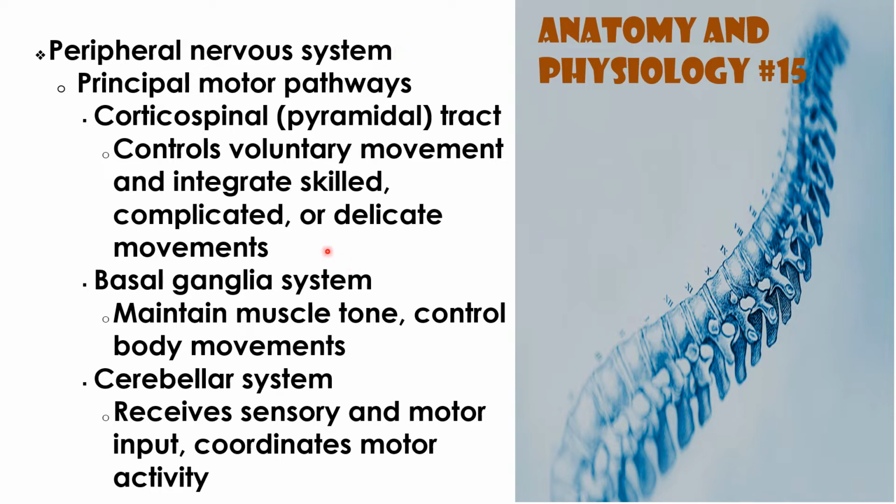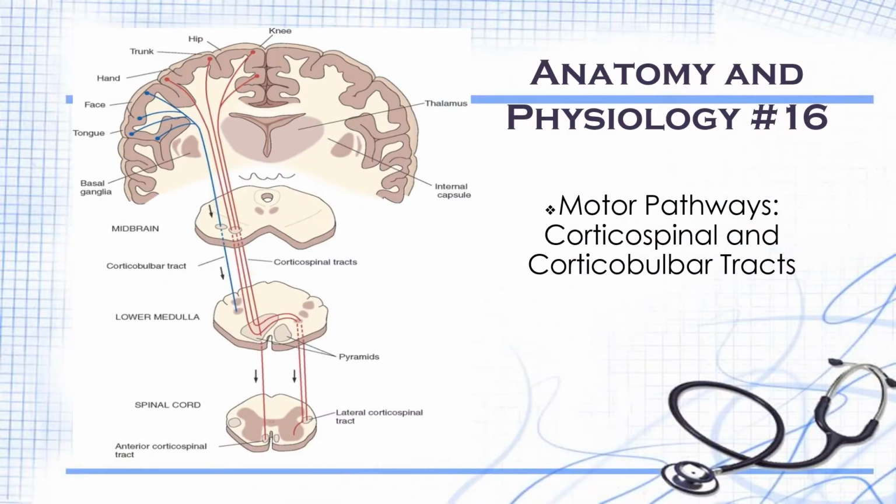Another one is the basal ganglia system that maintains the muscle tone and controls the body movements. On the other hand, number 3 is the cerebellar system that receives sensory and motor input and coordinates motor activity.